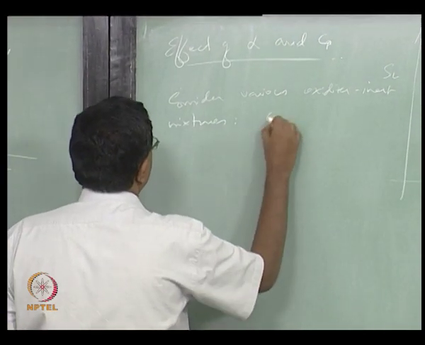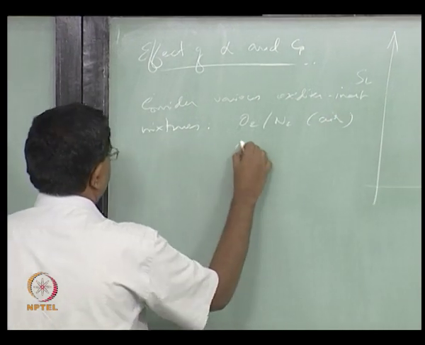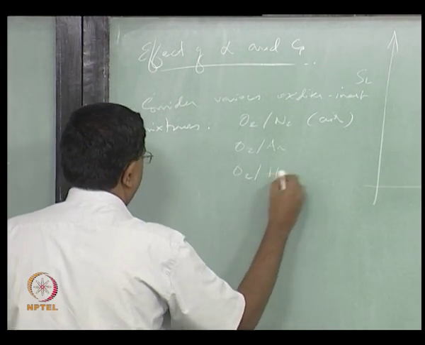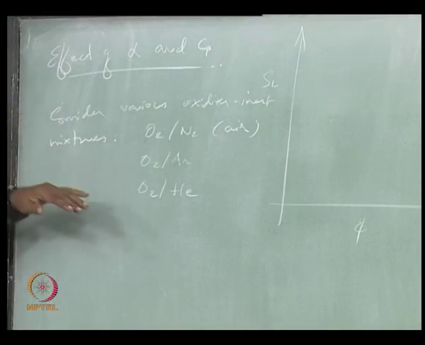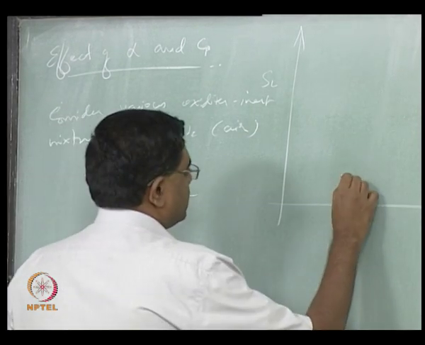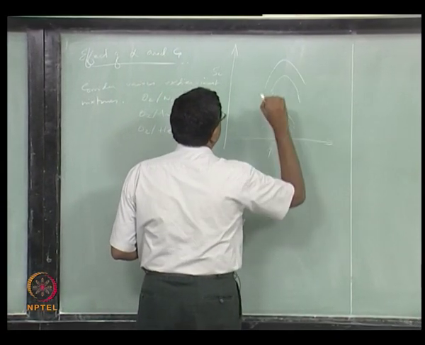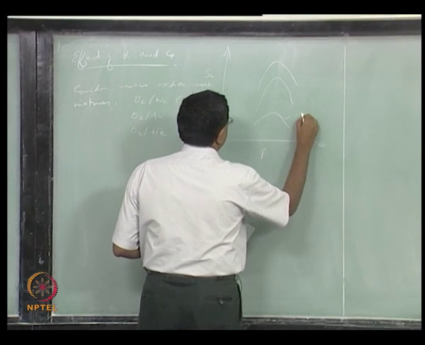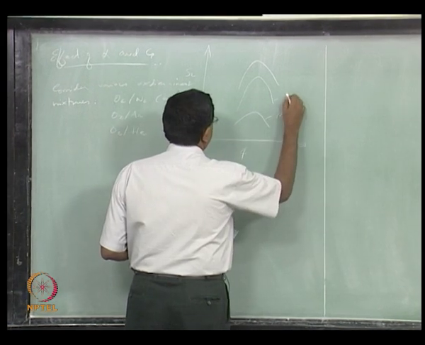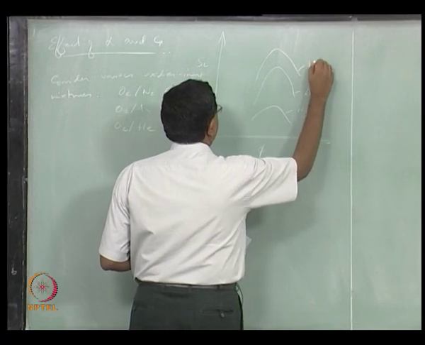That is like O2 N2 as in air, O2 argon, and O2 helium, all in the same proportions. Keep the proportions the same, and you should get pictures that look like that. This is for N2 with oxygen, this is for argon, and this is for helium.